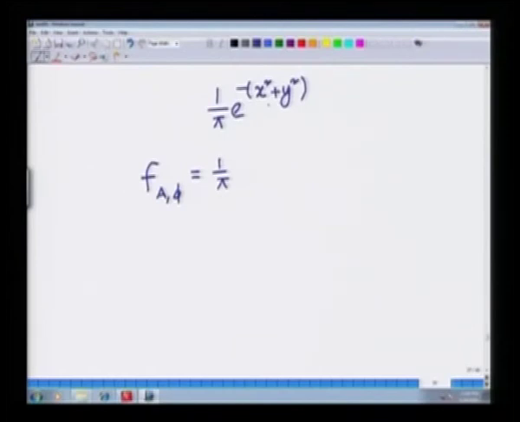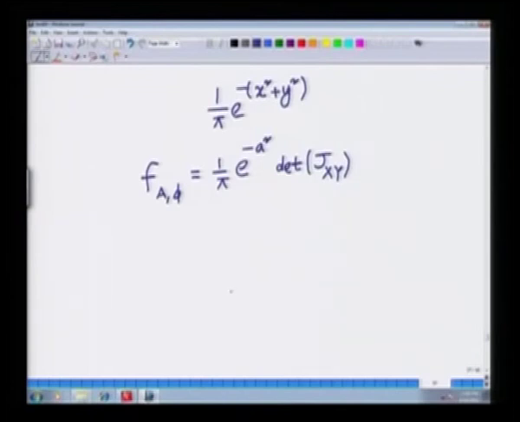However, we have seen that x square plus y square is a square. So, this is 1 over pi e power minus a square, and there is one more term which is known as the determinant of the Jacobian matrix of x y. This is a scaling term.